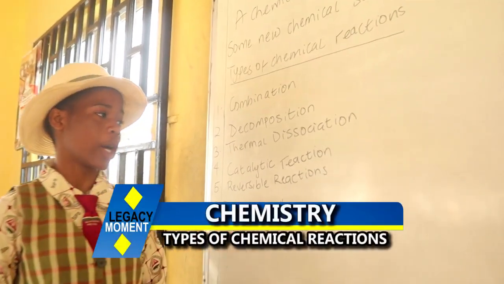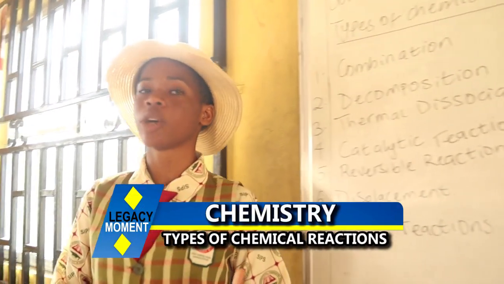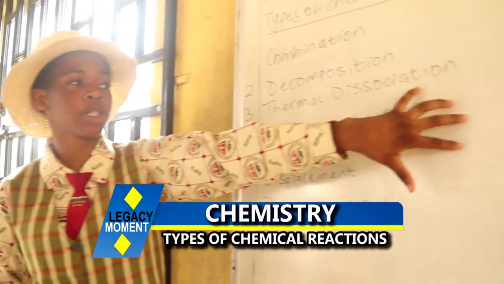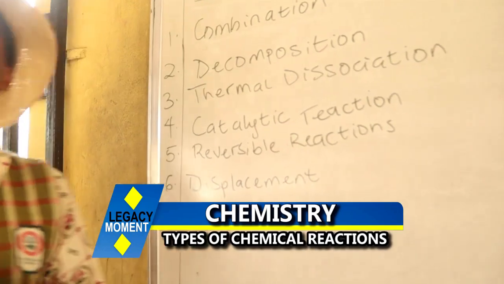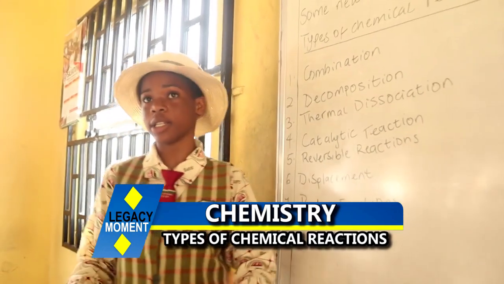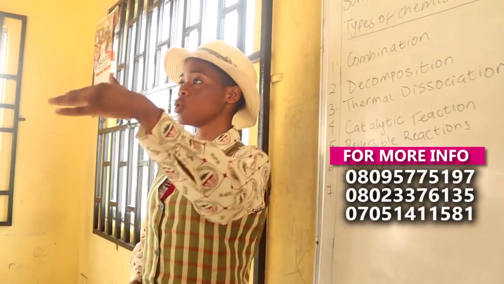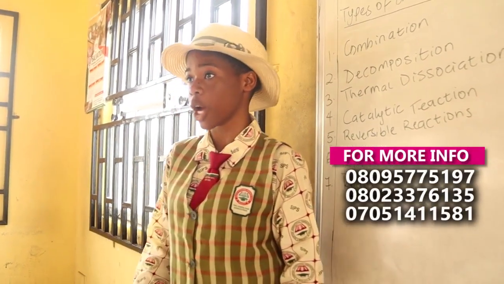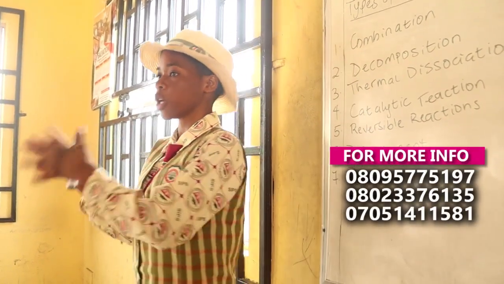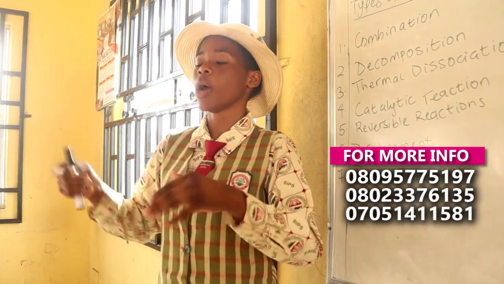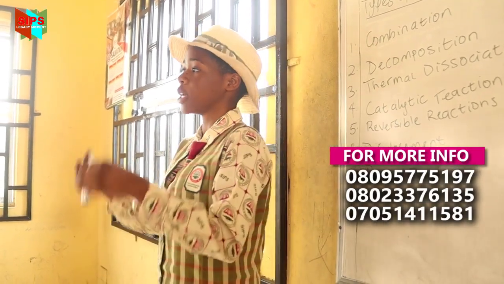Then we have catalytic reaction. Catalytic reaction is a reaction in which a catalyst is used to gain the product. And what is a catalyst, first of all? A catalyst is a substance that speeds up or slows down the rate of a chemical reaction. Catalysts that speed up the rate of a chemical reaction are positive catalysts, while catalysts that slow down the rate of a reaction are negative catalysts.